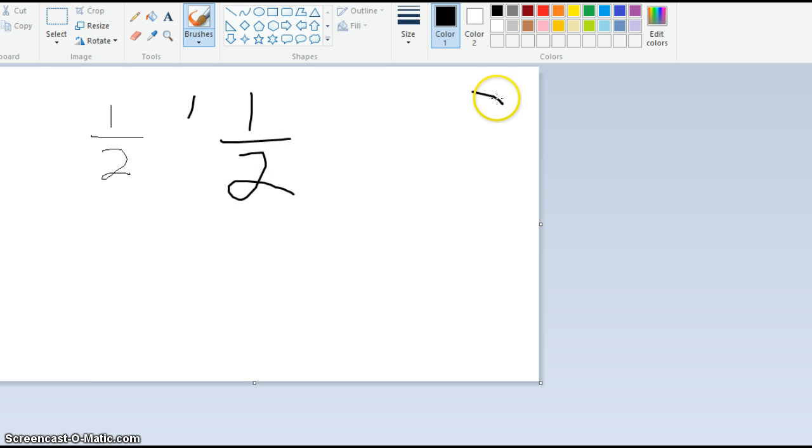What this represents is that somewhere, imagine this is a circle, there are 2 pieces. How do I know that there's 2 pieces? Well, I can see that I've taken this circle and I've split it in half. This is one piece, this is another piece.